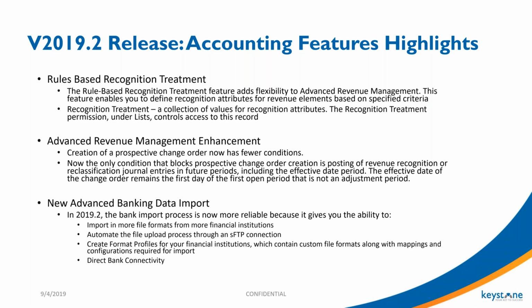So if you're wanting to start it in October and you've already recognized or done a reclassification in October, you wouldn't be able to have your effective date of your change order start then. It would only start in the first open period after any recognition has happened. And again, I would definitely test this in the release preview.